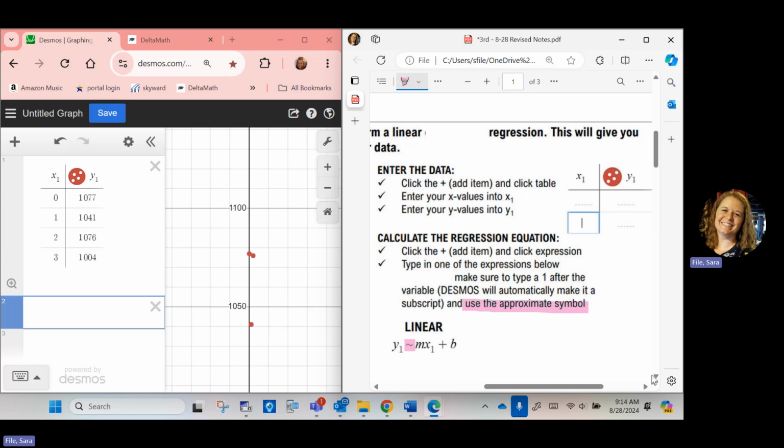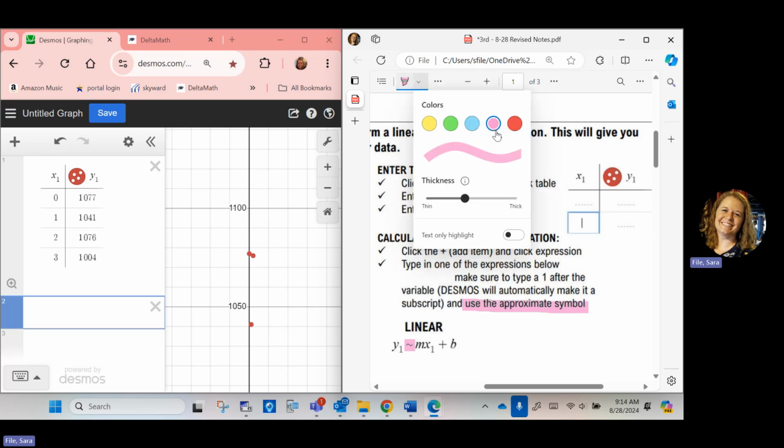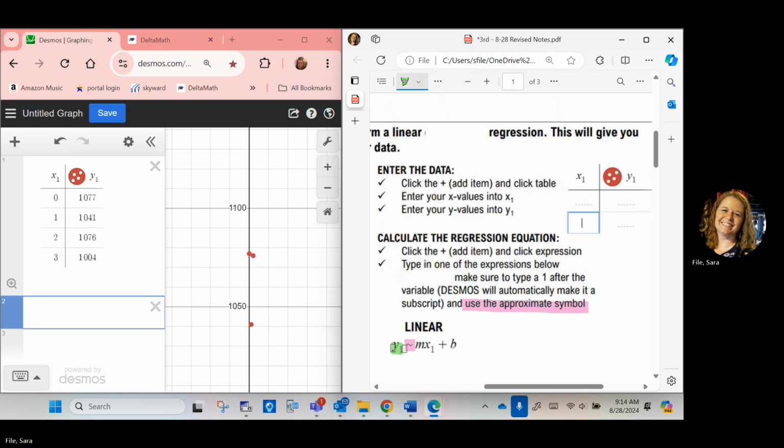We do not use an equal sign. If you use an equal sign instead of that symbol, it's not going to work. So we have to make sure we're using that tilde symbol, and I'm going to show you where you can find that. And we have to make sure that we are typing in X1 and Y1, not just Y and not just X. You've got to type a 1 after it.